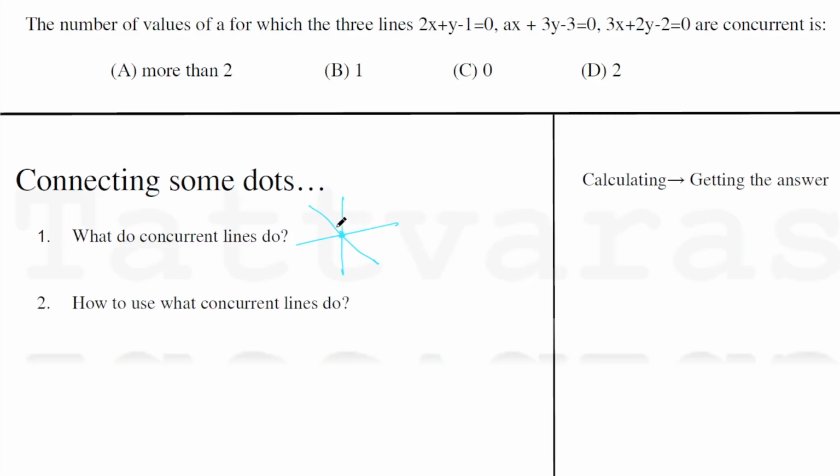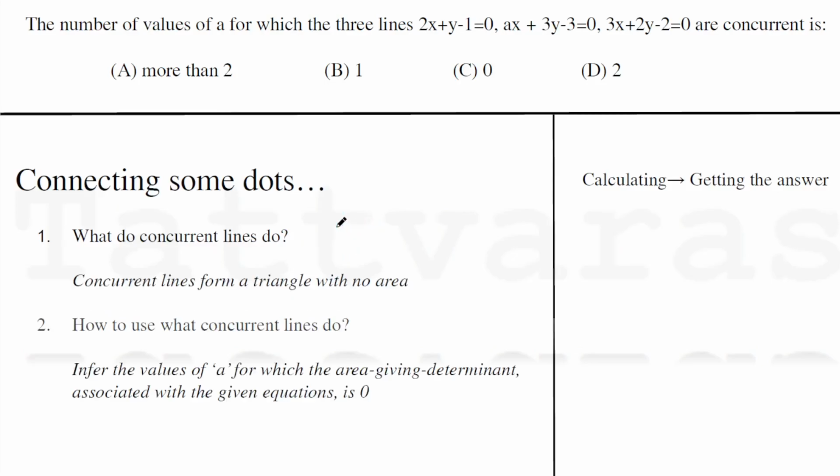So, what we can say is that concurrent lines form a triangle with no area, because if you see three lines somewhat like this, which form a triangle, it has some area. But if you imagine this line, this one, if it moves in this direction, then the triangle would shrink and shrink and shrink up till the point when there is no triangle.